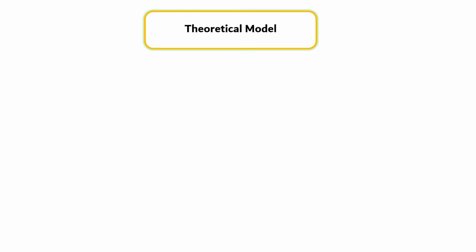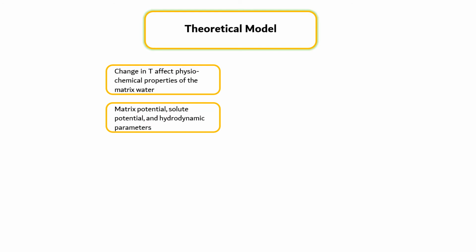Early studies have shown that under non-isothermal conditions, the distribution and changes in temperature in the matrix impact the physical and chemical properties of the matrix water and subsequently affect the matrix potential, solid potential, and hydrodynamic parameters. These parameters affect the fermentation temperature. Therefore, in the study of water and heat transfer, researchers should highlight the mutual coupling relationship between them.